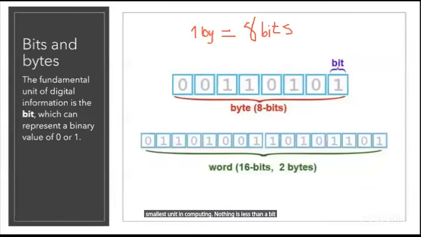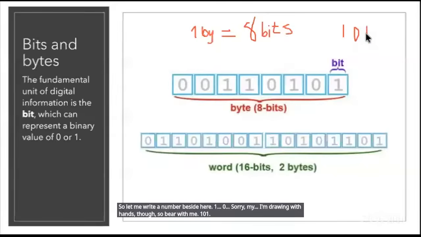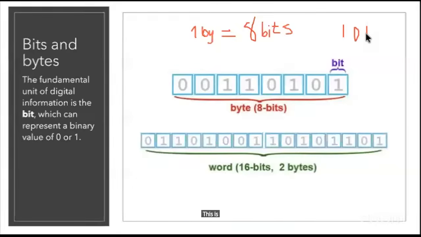A bit is 1 bit. And what is 1 bit? 0 or 1. So let me write a number beside here. 1, 0. Sorry, I'm drawing with hands though, so bear with me. 1, 0, 1. This is 3 bits. It's not up to a byte.